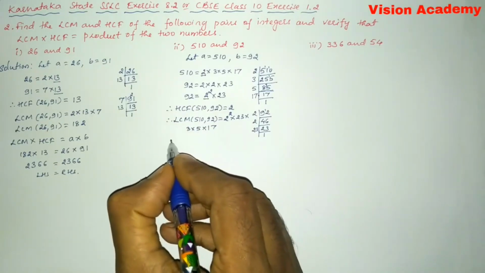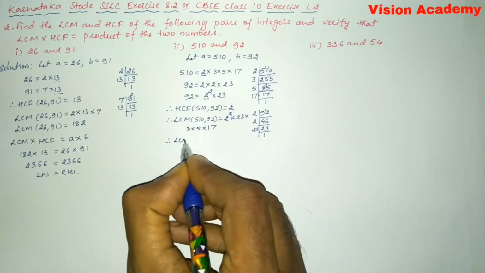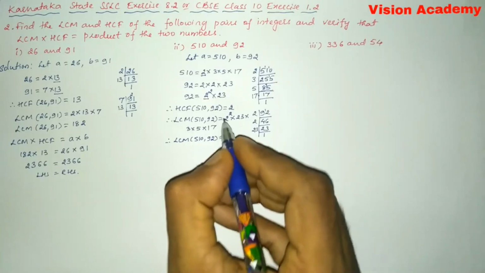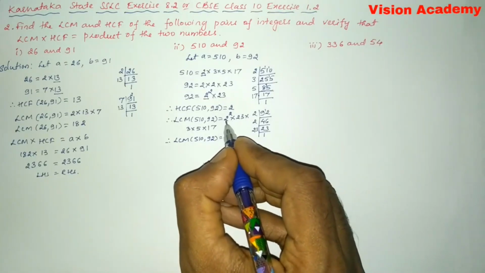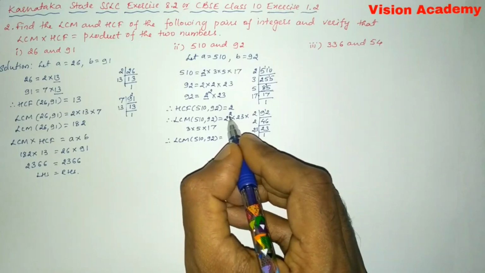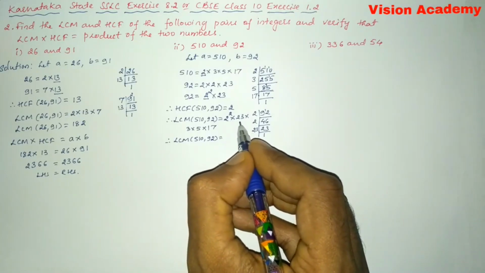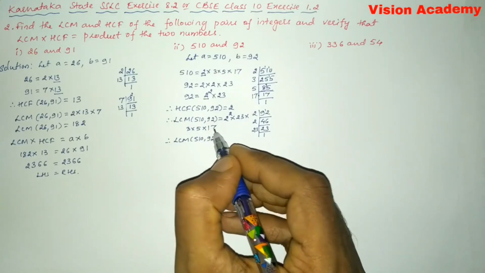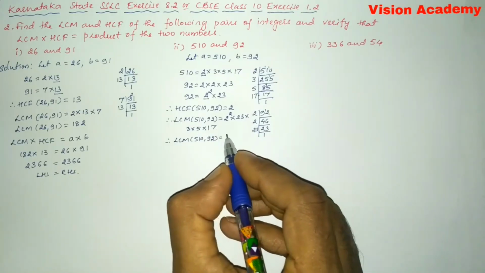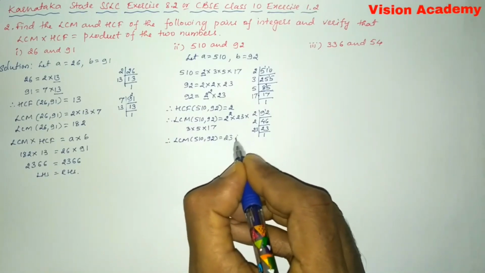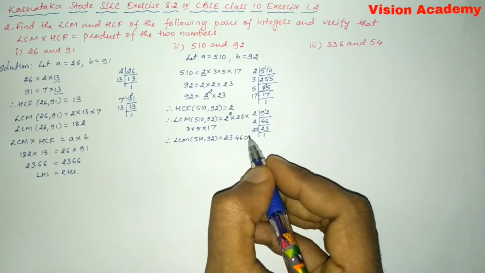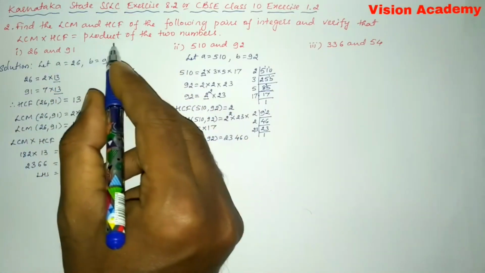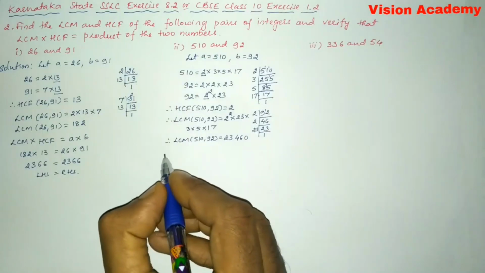So after simplification of 2 to the power 2 into 23 into 2 into 3 into 5 into 17, this gives us 23,460.